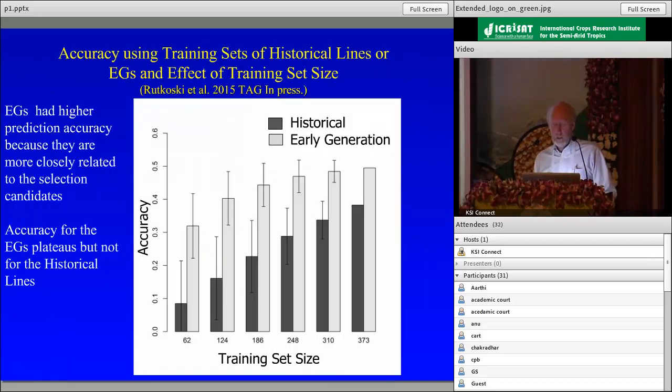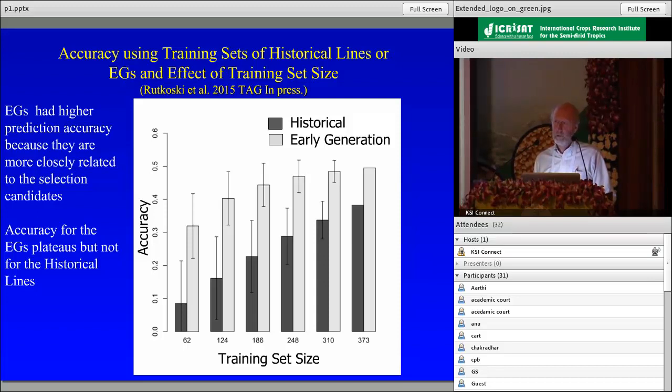When we looked at the prediction accuracies from the historical population and compared them to the early generation population, you can see right away that the early generation population, which had only been evaluated in 1 environment, gave us much better prediction accuracies. And this is clearly because they are more closely related to our selection candidates than the historical population.